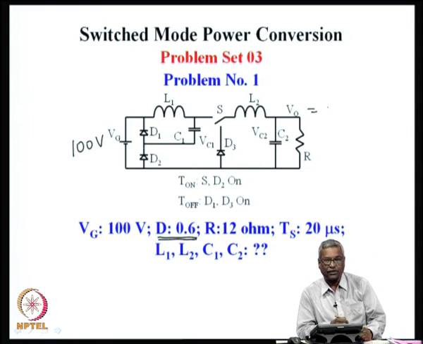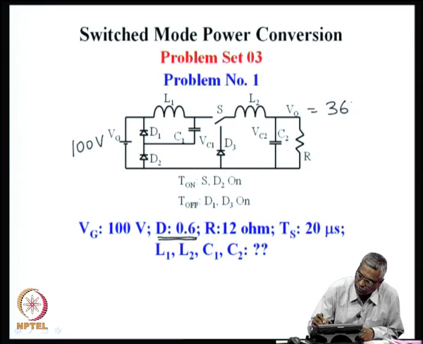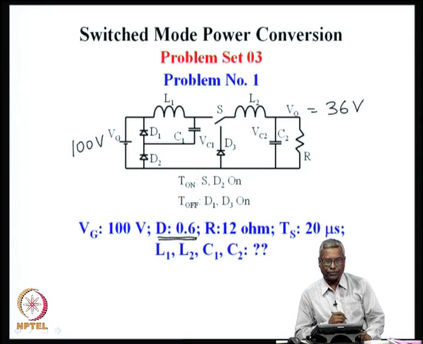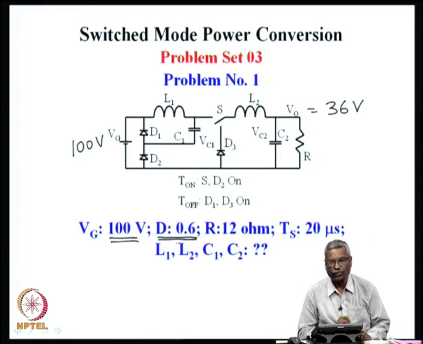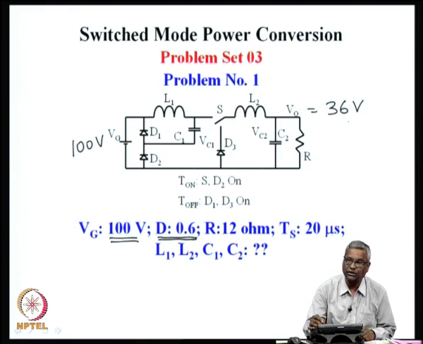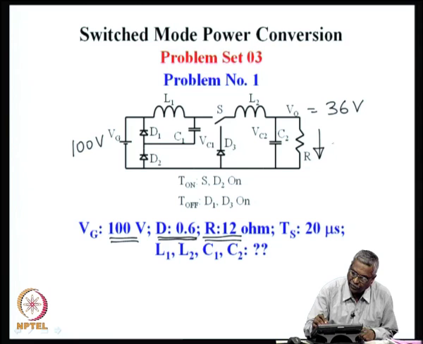D square is 0.6 into 0.6, which is 0.36. 0.36 into 100 is 36 volts. So, in this particular example, when the input voltage is 100 volts, duty ratio is 0.6, the output voltage ideally will be 36, and with the resistance of 12 ohms, the output current will be 3 amperes.